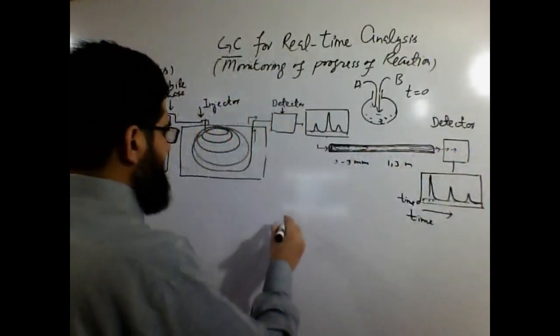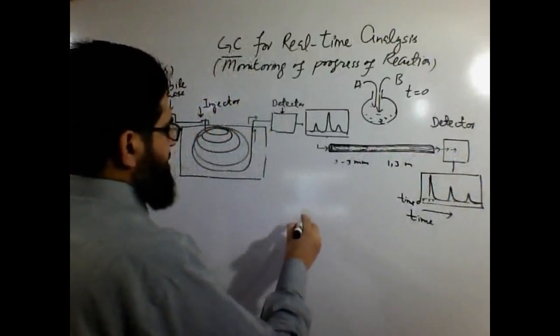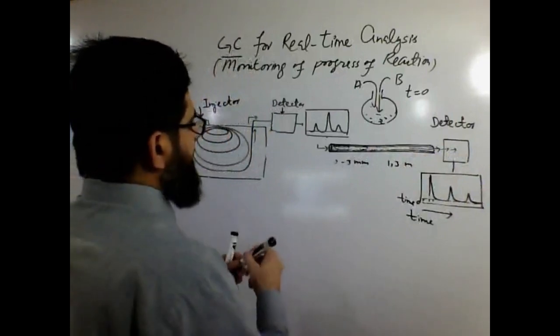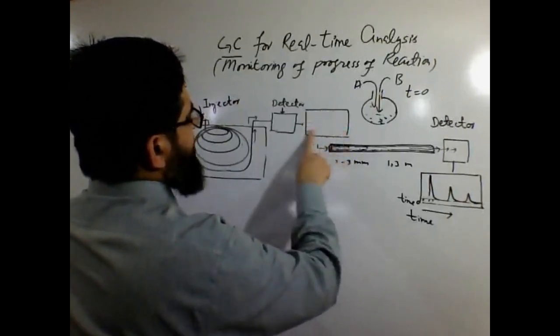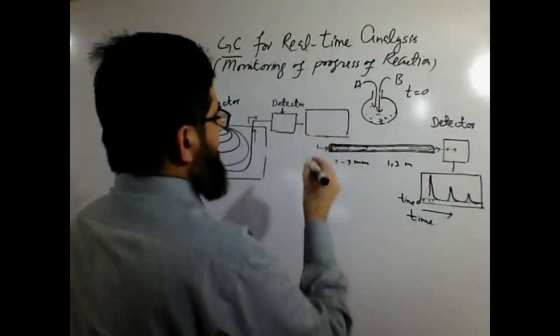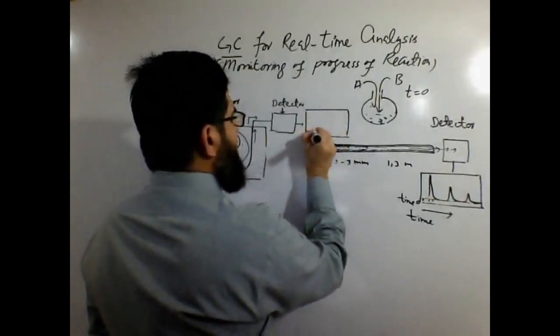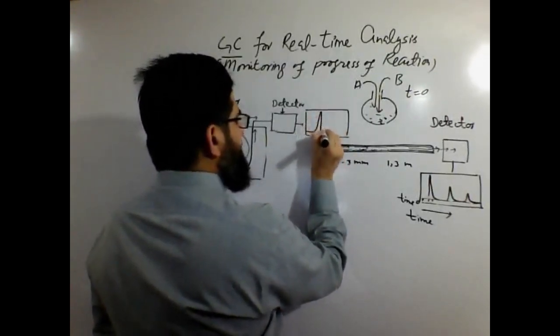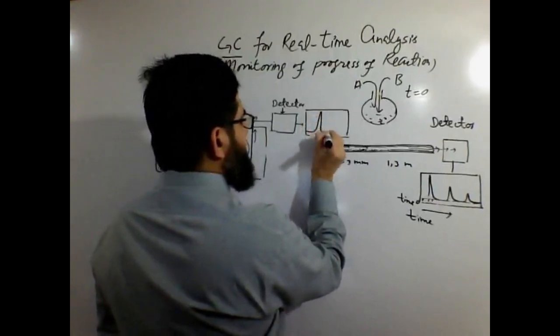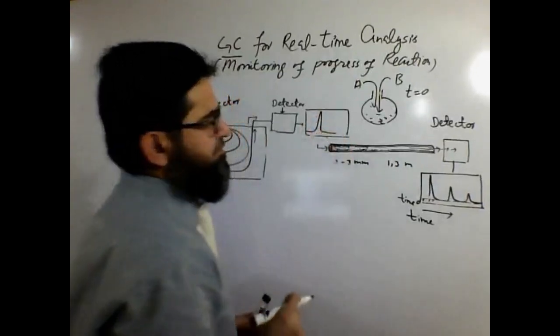Let's see what will happen. As soon as the first component moves out of the column, we will have a peak there, and then there will be a time lapse of a few minutes with no peak.